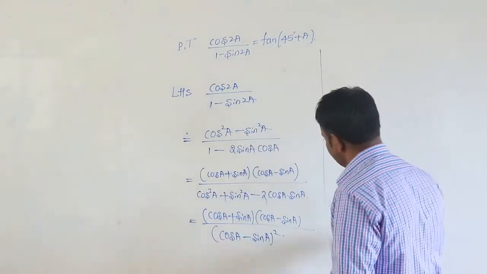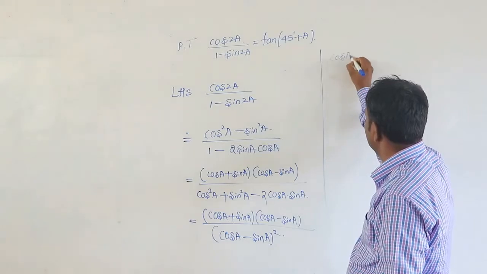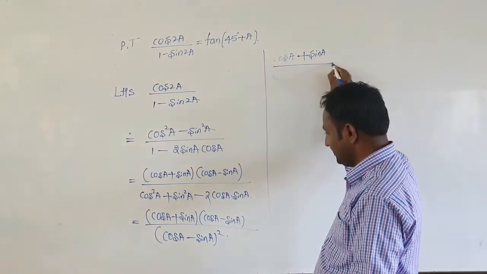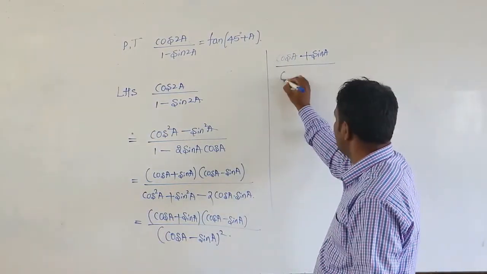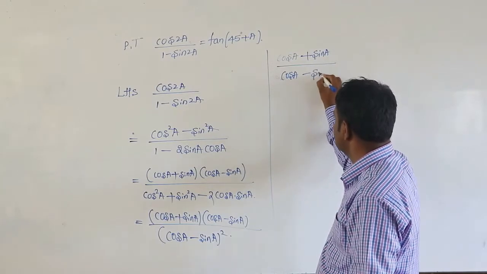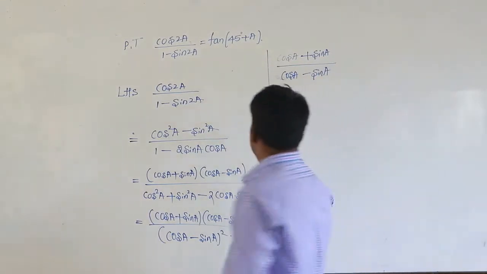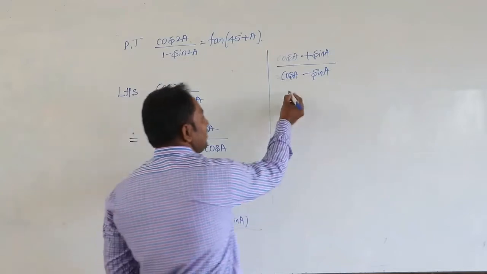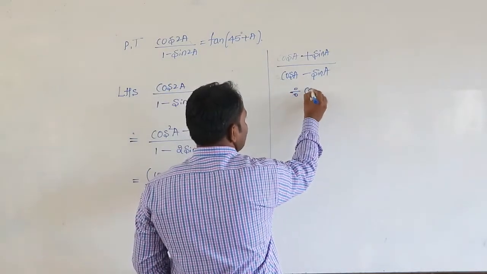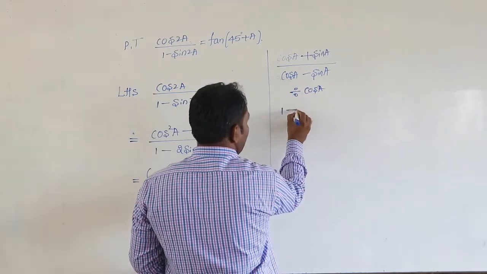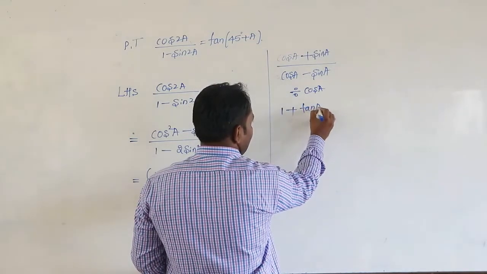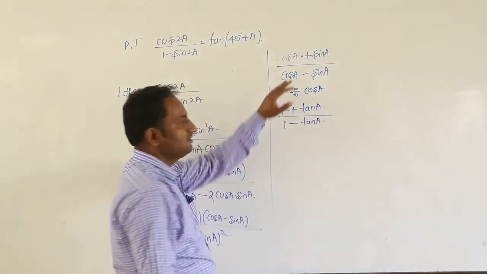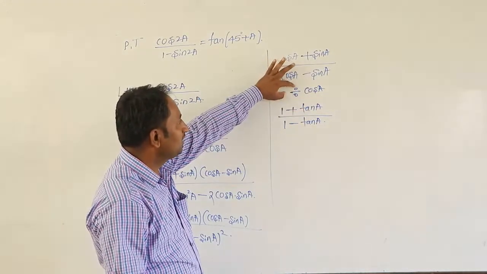That implies cos A plus sin A divided by cos A minus sin A. Divide numerator and denominator by cos A. Then we get 1 plus tan A whole divided by 1 minus tan A. In a previous derivation we cleared this concept.